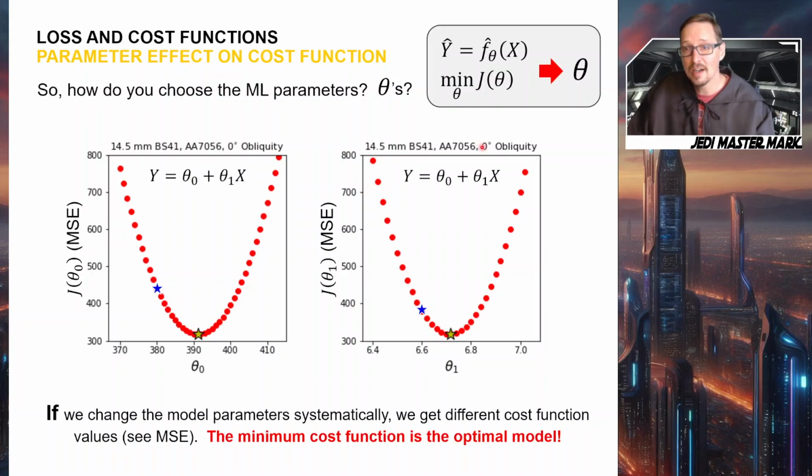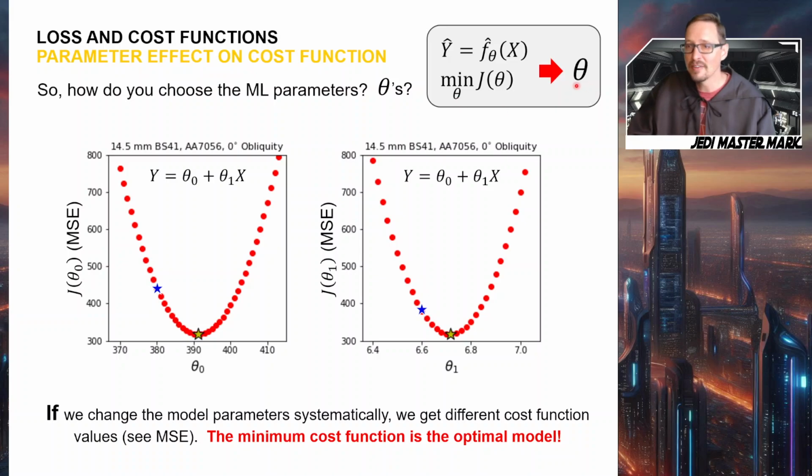And so really it comes down to, again, we have our predicted output, which is a function of this linear regression model with these model parameters and our inputs. And we want to minimize this cost function by changing these theta or these model parameters.